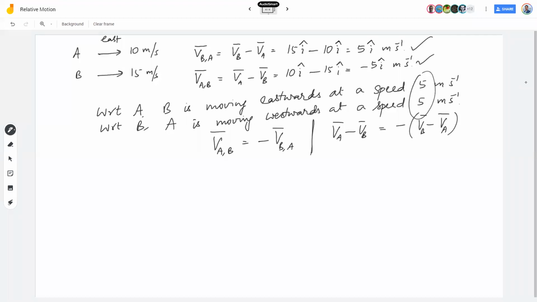For example, if A is moving in this direction at 10 meters per second, and B is moving in the opposite direction at 15 meters per second, both with respect to ground.